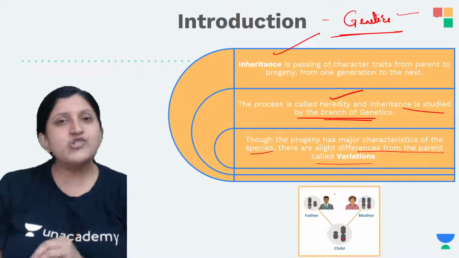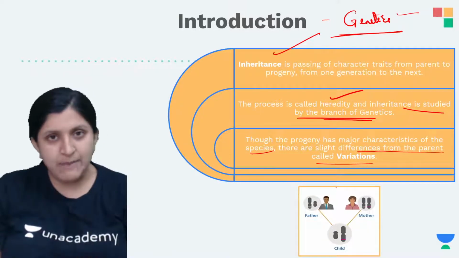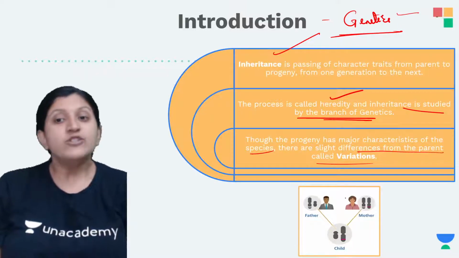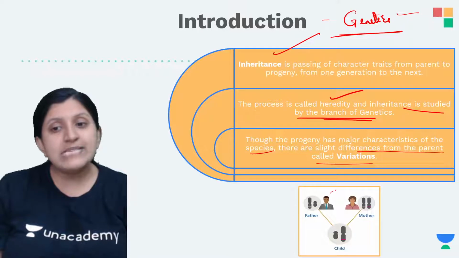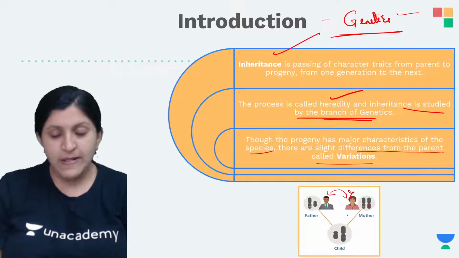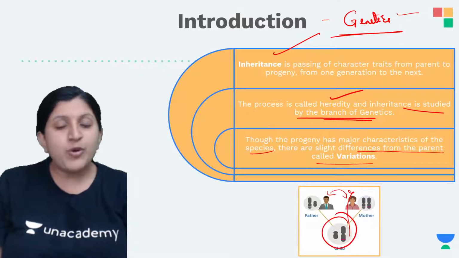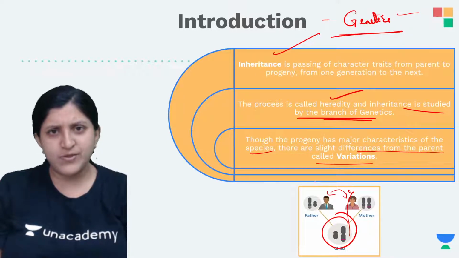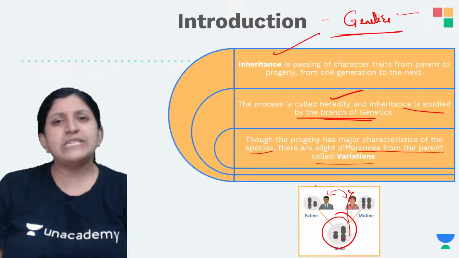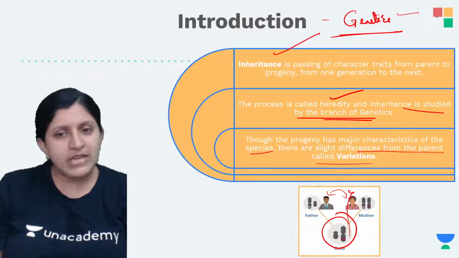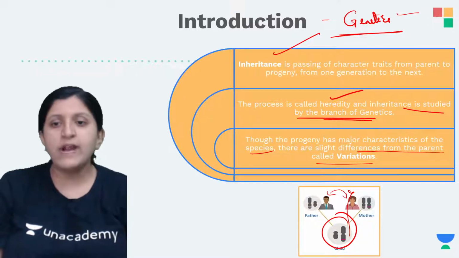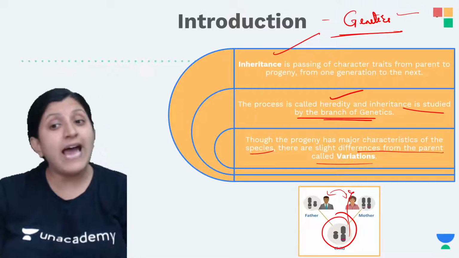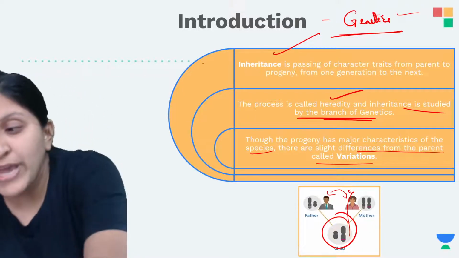This child is not completely resembling the mother, nor completely resembling the father. It is a mix of these two parents, and a new progeny is produced that is different from its parents. Why? Genotypically and phenotypically, it is going to be different. These slight differences from the parent we call variation.